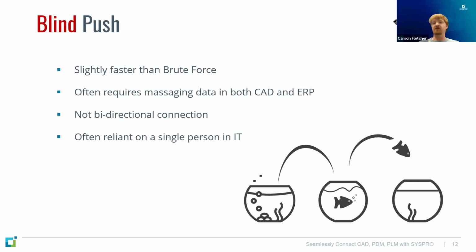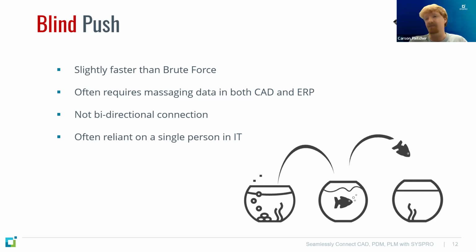So if you want any information to flow back to the CAD and update the CAD model or the engineering information with SYSPRO info, that's often much more complicated in a blind push situation. Often they're reliant on a single person in IT. If you've got some sort of custom tool that's dependent on one person, and that person leaves, then that black box becomes impossible to fix.